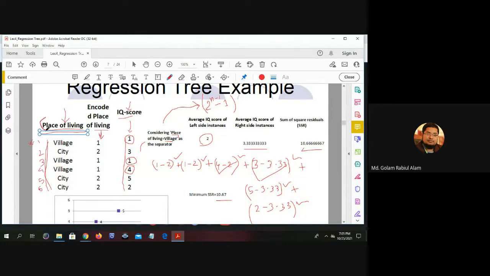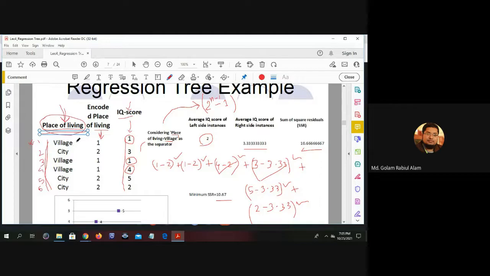To consider the place of living, we have to think again about the splitter, that is, how many splitters we can have using just this place of living feature.